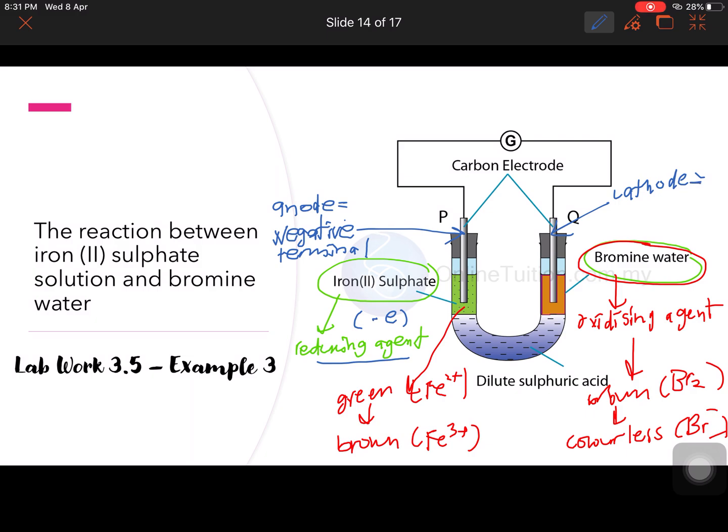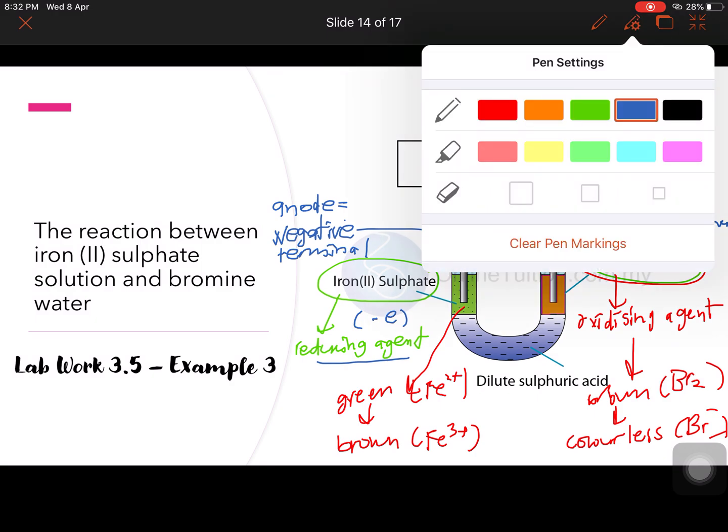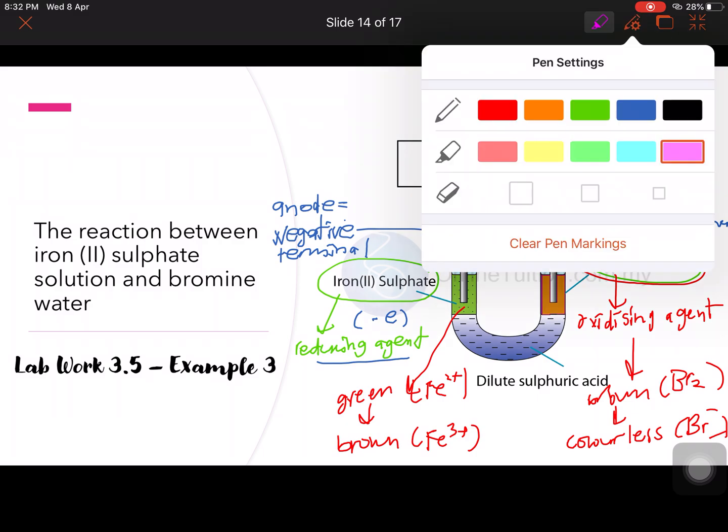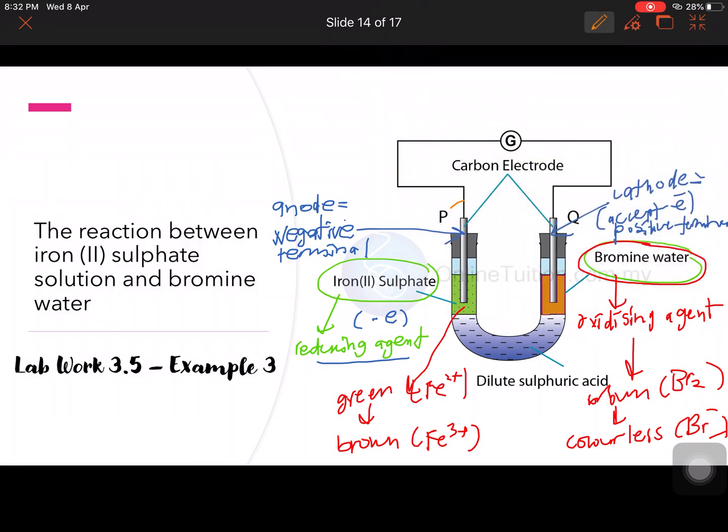Cathode, a place to accept electron or positive terminal. Okay, step number 5, dia akan berlaku movement of electron. Identify movement of electron from negative terminal through the external circuit sampailah ke positive terminal or the cathode.